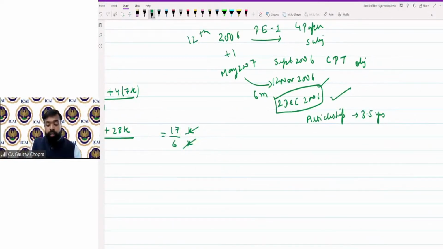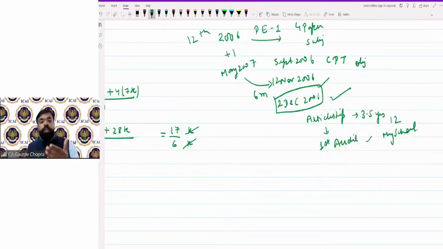The first audit in my articleship that I was able to do was my school, from where I completed my class 12. Just the next year, I started auditing the same school. In 2006 I cleared class 12, and in 2007 I audited the same school. This was also very great for me, and I feel I am very lucky for that also.